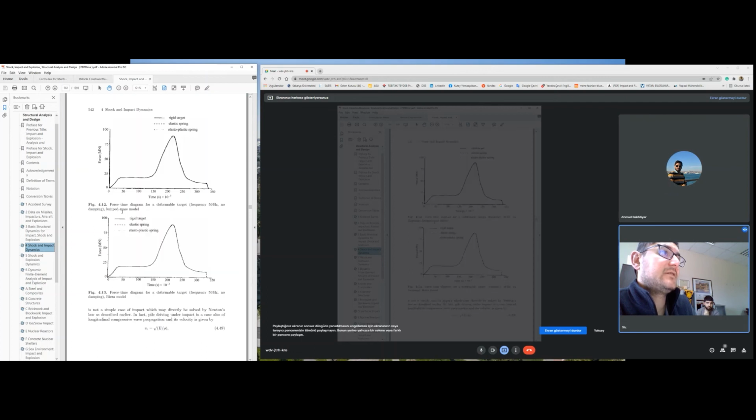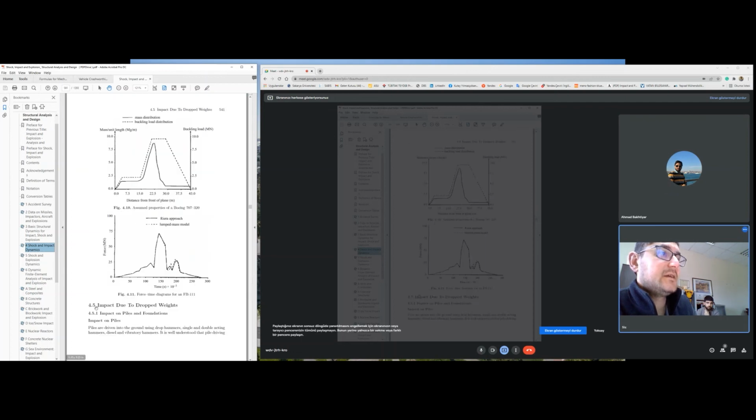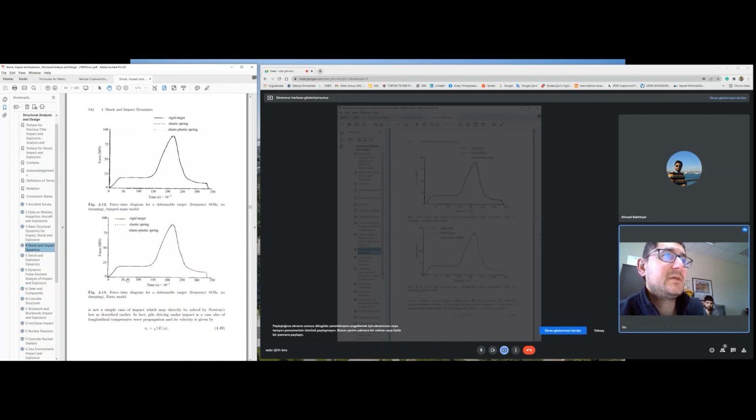Let me try to find it. Yes. Impact due to dropped weights. That is close to our representation of a crash box. Impact on piles and foundations. Of course, foundation is not our issue, but pile can be applicable.